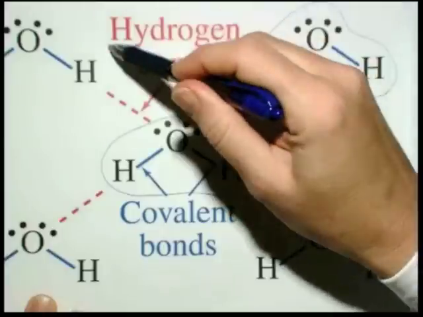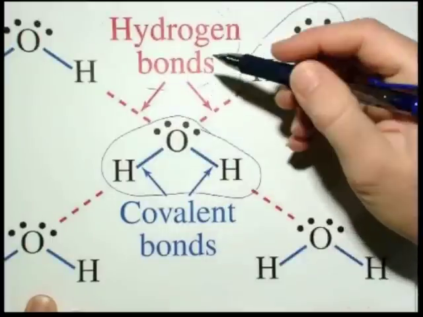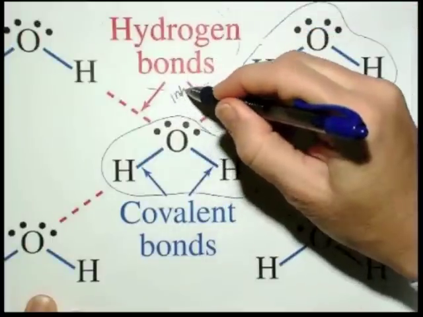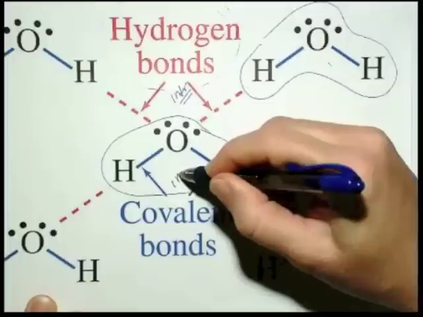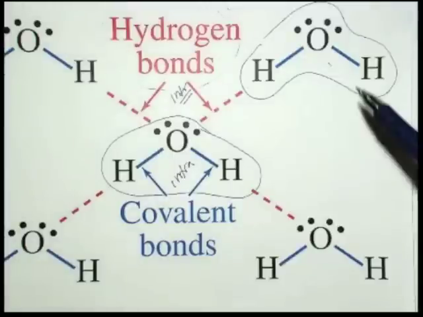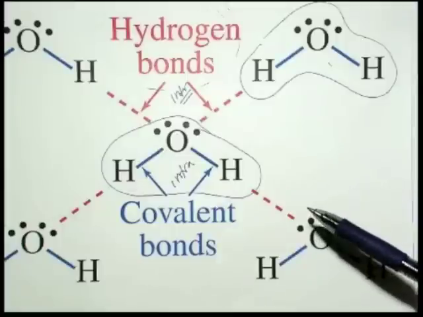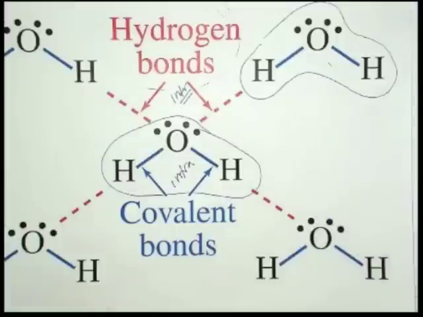Even though this is using the word bond, this is what we would consider an intermolecular force, and this is intra. So make sure that whenever we look at a situation where we have molecules in a condensed phase, we can distinguish between intra and intermolecular forces, right?